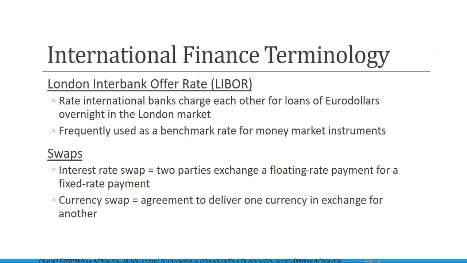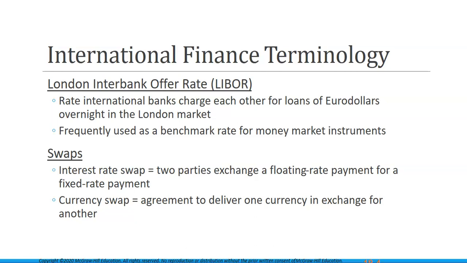The London Interbank Offer Rate, or LIBOR, is the rate international banks charge each other for loans of eurodollars in the London market. It's usually used as a benchmark for money market instruments. And then swaps. So you can have an interest rate swap where two parties agree to exchange a floating rate payment for a fixed rate payment, trying to hedge against those interest rate exchanges, or a currency swap.